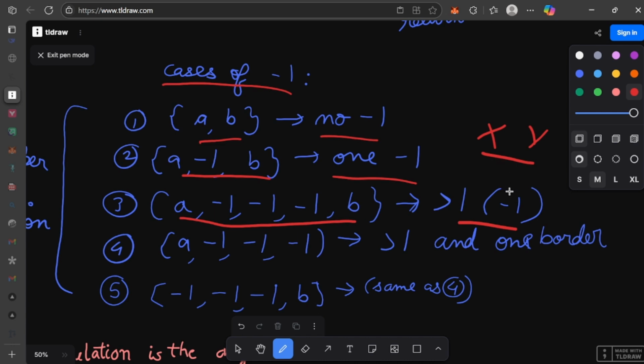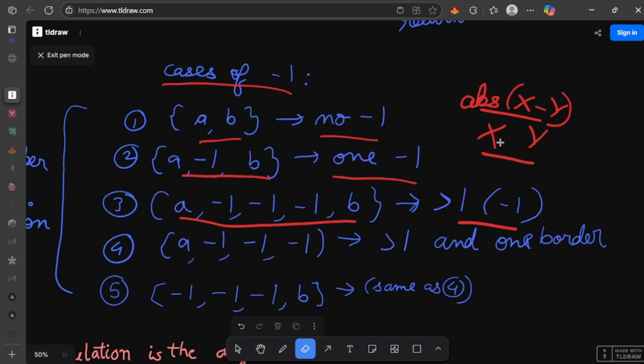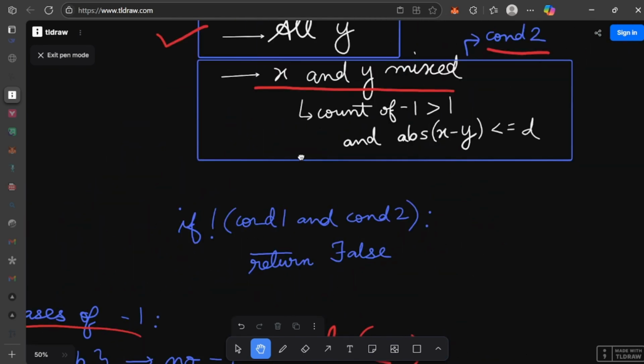So that is why the absolute of x minus y, here we get another condition to check, which I showed you here. This same condition, x and y mixed, count of negative ones is greater than 1, then we have to check this condition also.